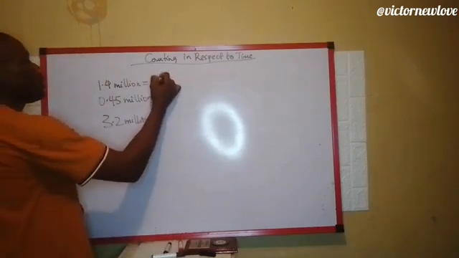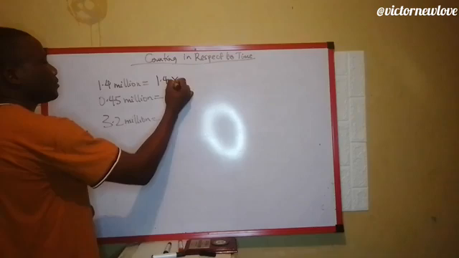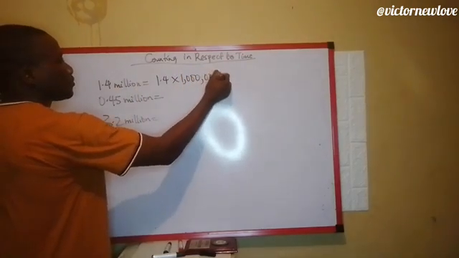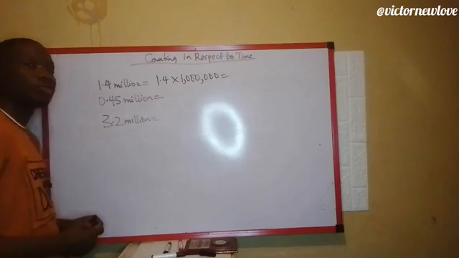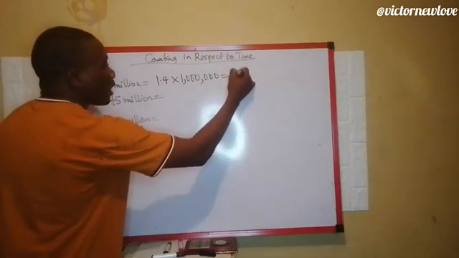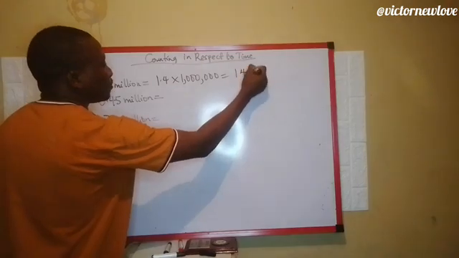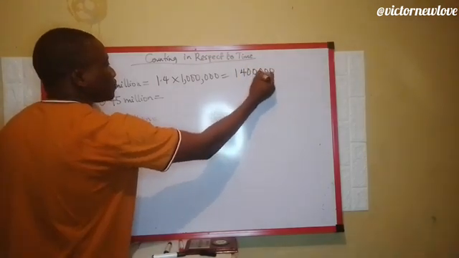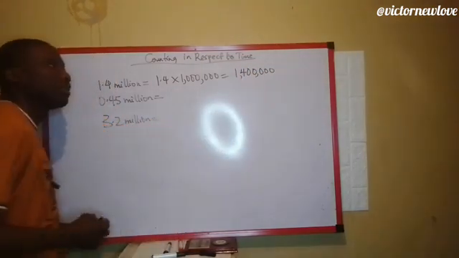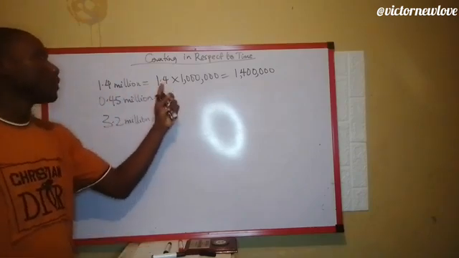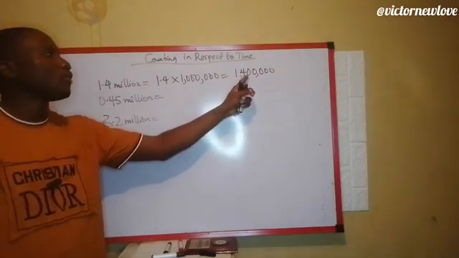So what you are going to write is 1.4 times million. Million has 6 zeros. So we are going to move the decimal, giving 1,400,000. We multiply 1.4 by million, and that was 1.4 million.